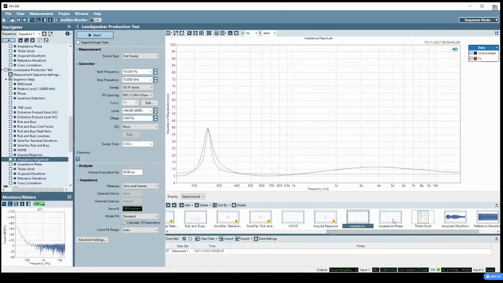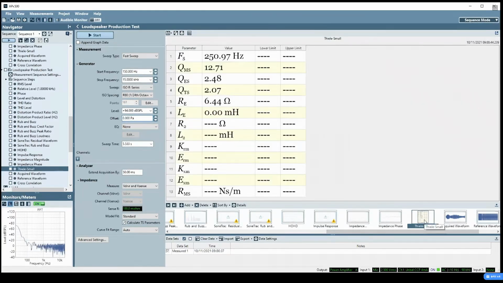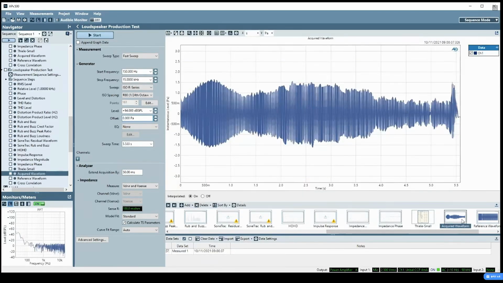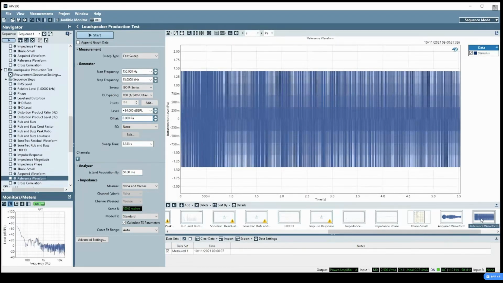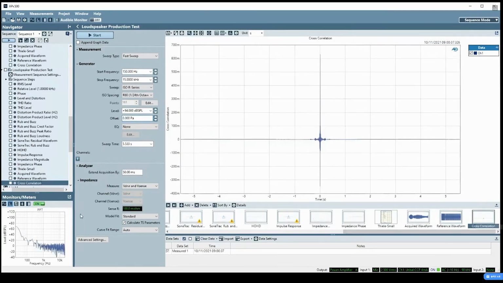Impedance, phase, Thiele-Small, again the acquired waveform, reference waveform, and cross correlation.